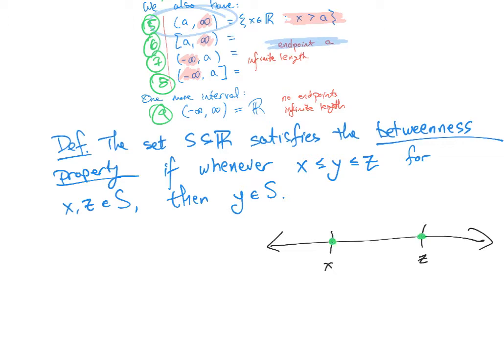So if a set satisfies the betweenness property and it contains x and z, then any point in between, call it y, has to be in the set.